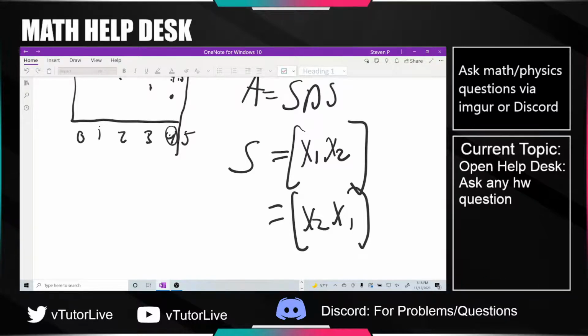Let's still look at diagonalizability. Find the distinct eigenvalues.